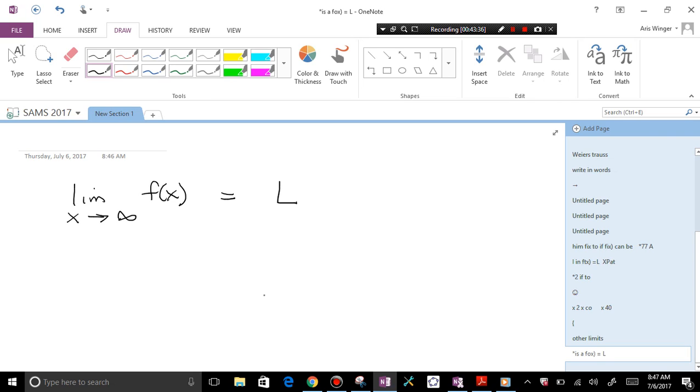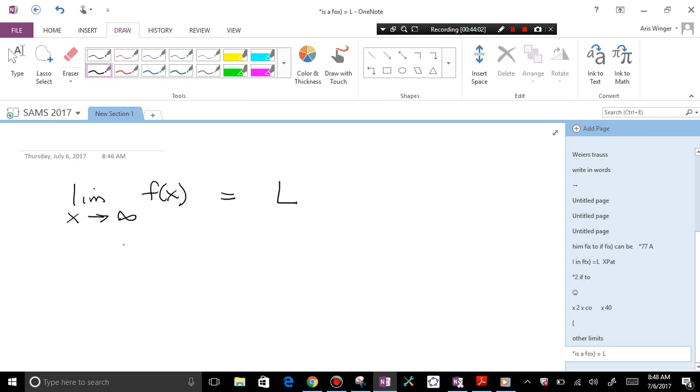All right, I'll open the floor. Anyone want to give it a shot? So the limit as x approaching infinity of f of x can be arbitrarily close to L by making x sufficiently large. That is correct. That's absolutely right.